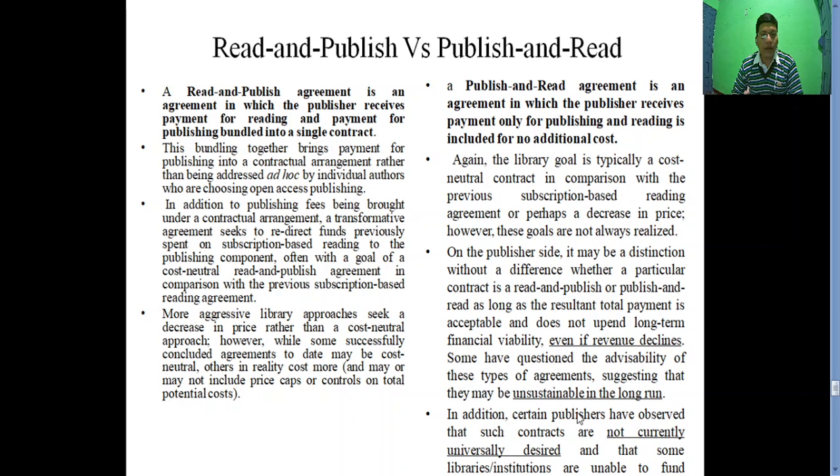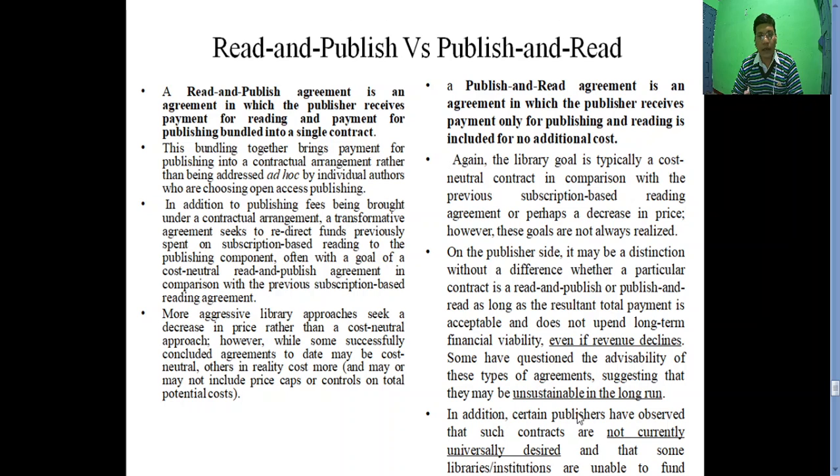More aggressively, library approaches seek a decrease in price rather than a cost-neutral approach. However, while some successfully concluded agreements to date may be cost-neutral, others in reality cost more or may not include price caps or control on total potential cost.